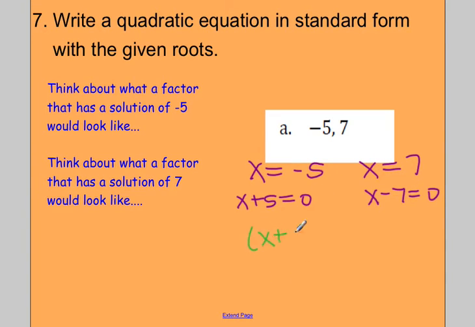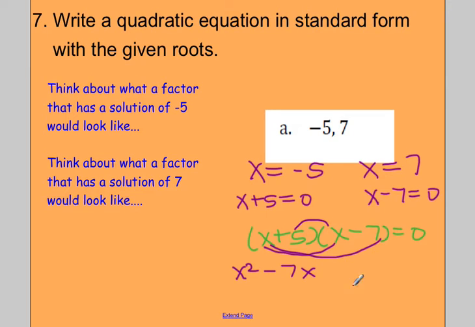I have x plus 5 times x minus 7 has to equal 0. And from here, now I just need to go ahead and FOIL. So I have x times x gives you x squared. This gives me negative 7x. This gives me 5x minus 35 is equal to 0.